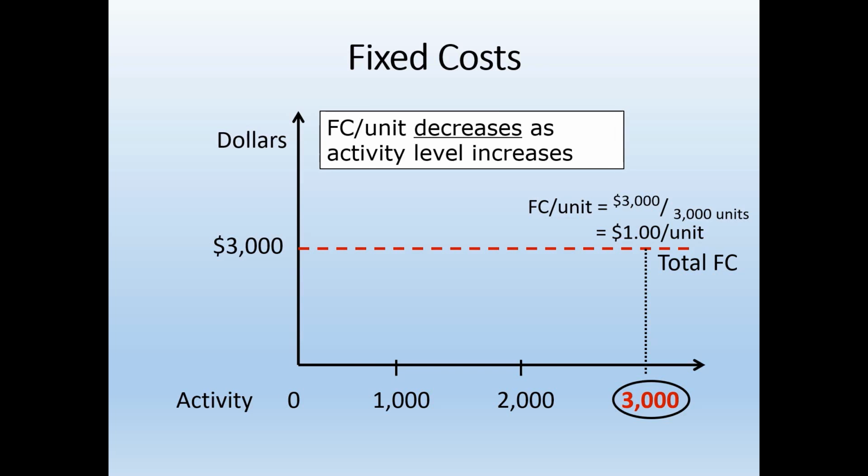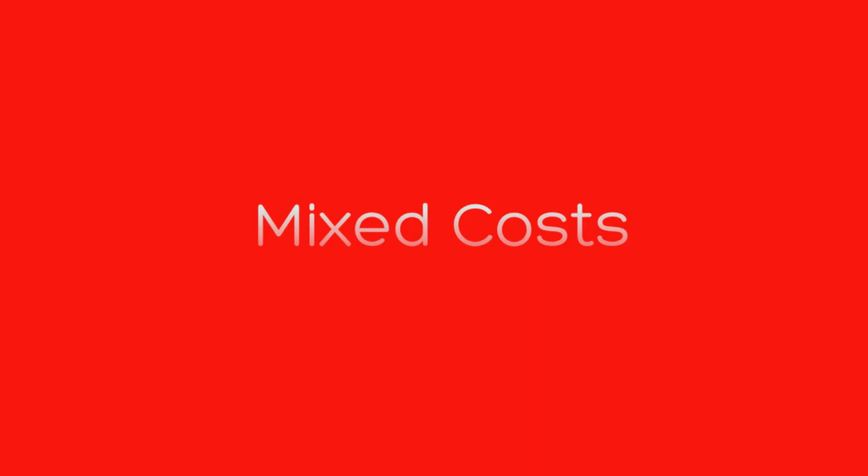So as the firm's activity level increases, each unit carries a smaller share of the total fixed costs because those fixed costs get spread out over more units.